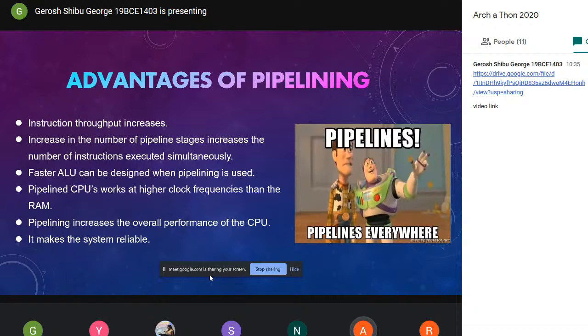Delivering at that type of clock frequency in the CPU is really good. The next point is that the pipeline increases the overall performance of the CPU, by increasing the clock frequency, and finally it makes the system very reliable. So that's all with the advantages.